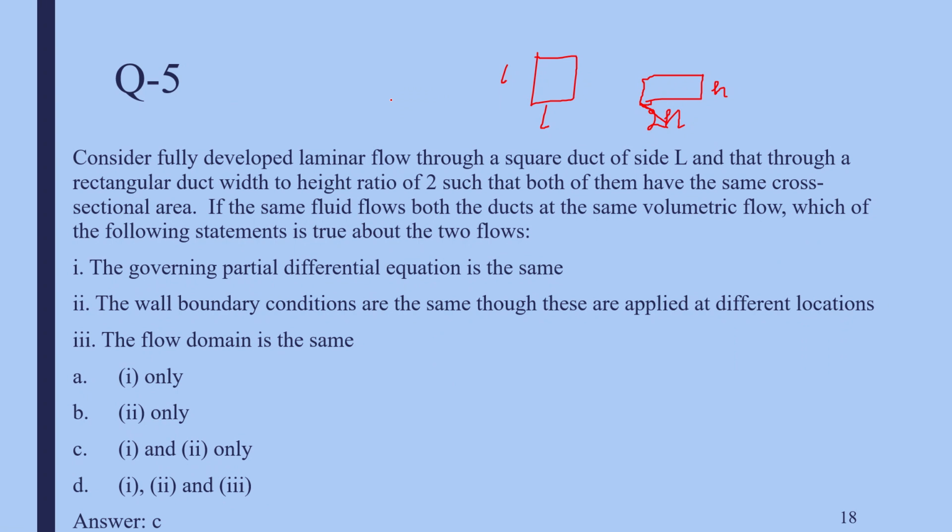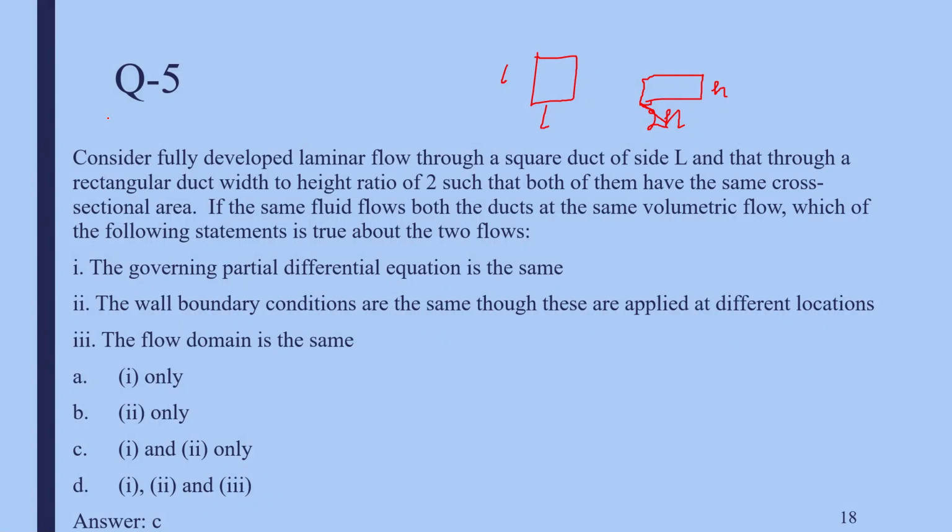The first statement is: the governing partial differential equation is the same. Statement 2: wall boundary conditions are the same though these are applied at different locations. Option 3: the flow domain is the same.